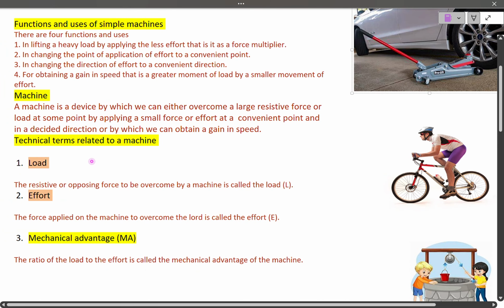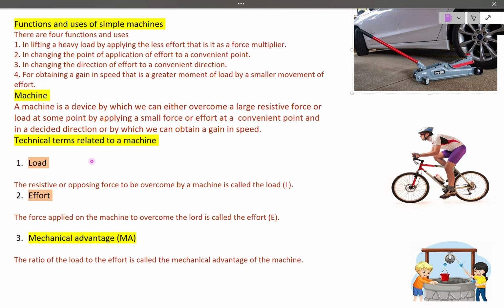Next, we can study some technical terms related to a machine. The first one is load. Before that, we need to study the definition of a machine. So a machine we can define as a device by which we can either overcome a large resistive force or load at some point by applying a small force or effort at a convenient point and in a desired direction, or by which we can obtain a gain in speed.